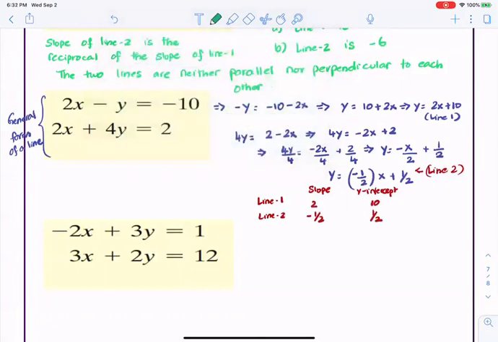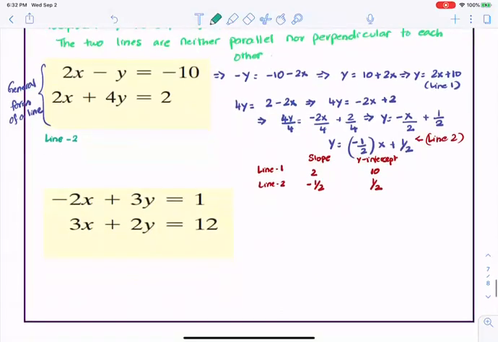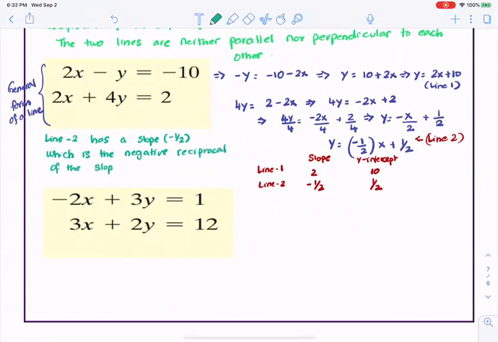So line 2 has a slope which is negative 1/2, the negative reciprocal of the slope of line 1, which is 2.